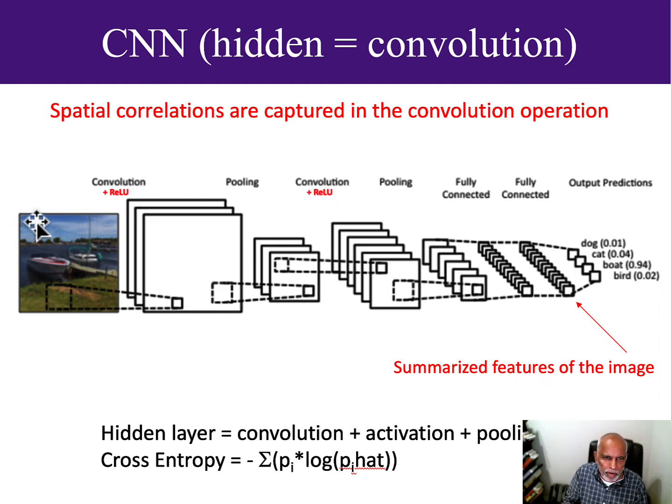Then you keep moving, and you will reduce this 28 by 28 image into 7 by 7. That's why the reduction in the size of the image comes. But then it picks up wherever it has diagonal-type features, where the slanted line type features are very strong.